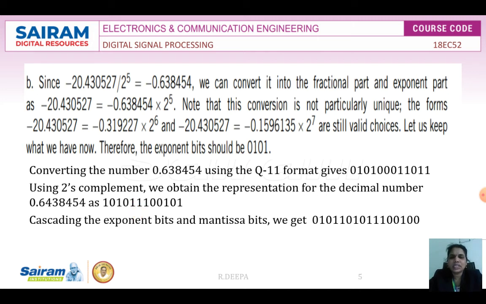Now let us cascade both the exponent bits and the mantissa bits. So the final floating point number can be represented as 01011011011000100. This represents the equivalent floating point format for the given minus 20.430527.